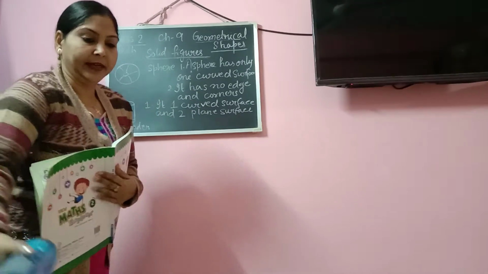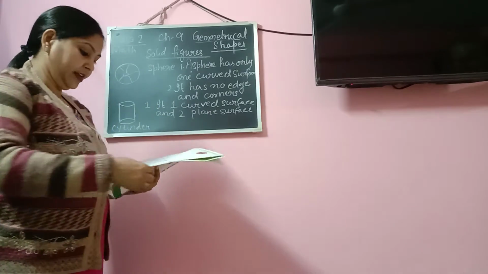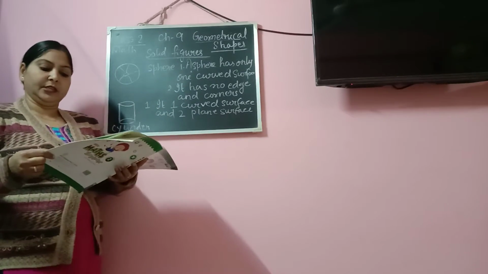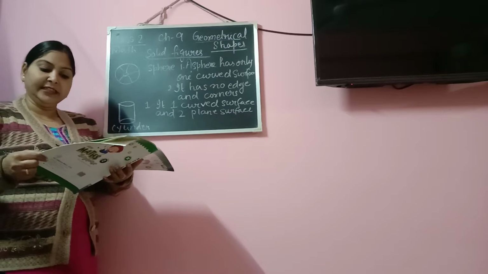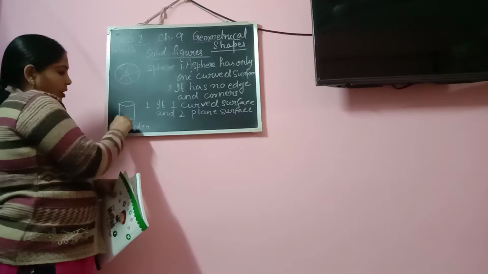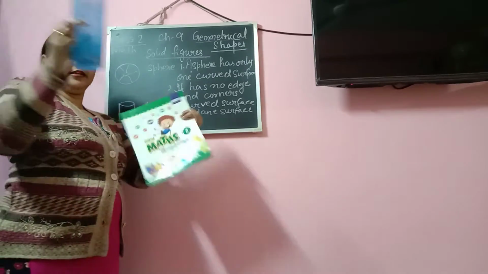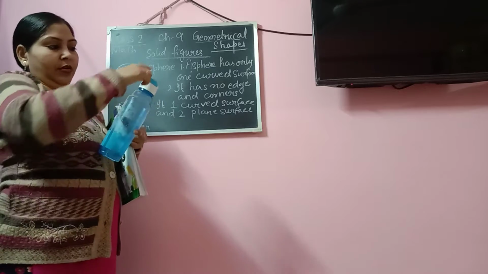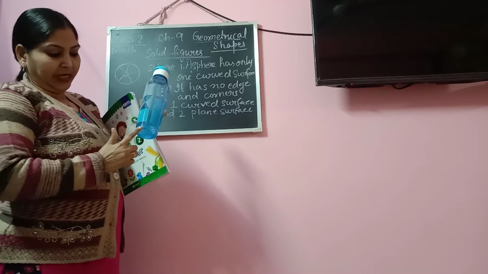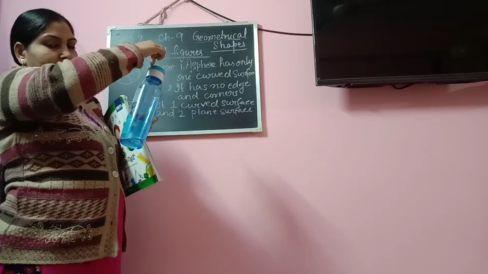Then the next property of a cylinder: you will see that a cylinder has no corners, but it has two round edges. These are called the two round edges. The two plane surfaces each have a round edge.